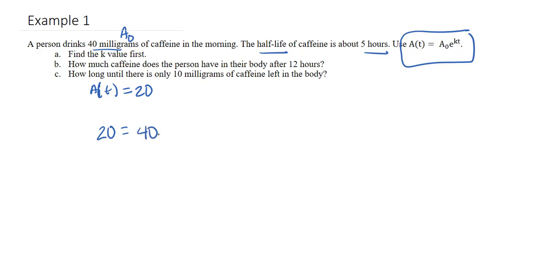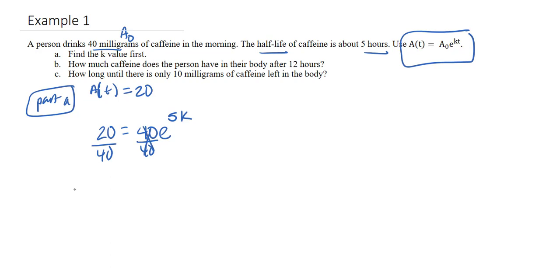We're using our equation, e, and we're solving for K. We do know the time, which is going to be 5, because we're going to deal with hours here. In the next step, we have 20, and we're going to divide both sides by the 40.